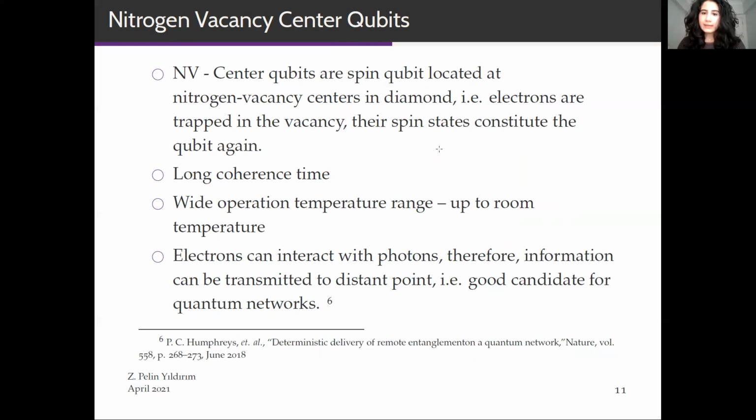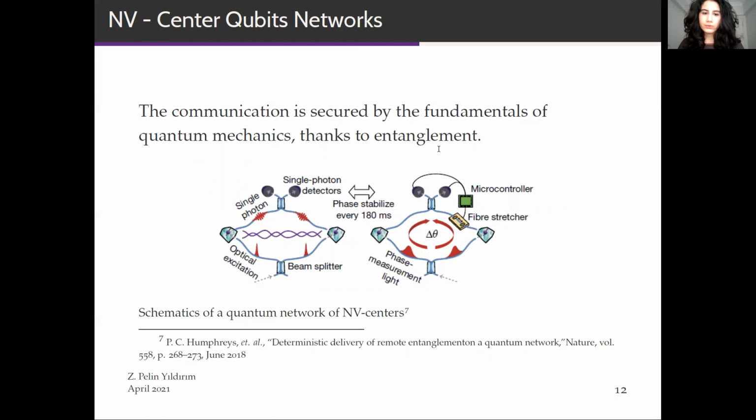Also, the electron in the vacancy can interact with a photon. This is very good news for quantum networks. Thanks to the entanglement of the electron and photon, distant centers can talk to each other.